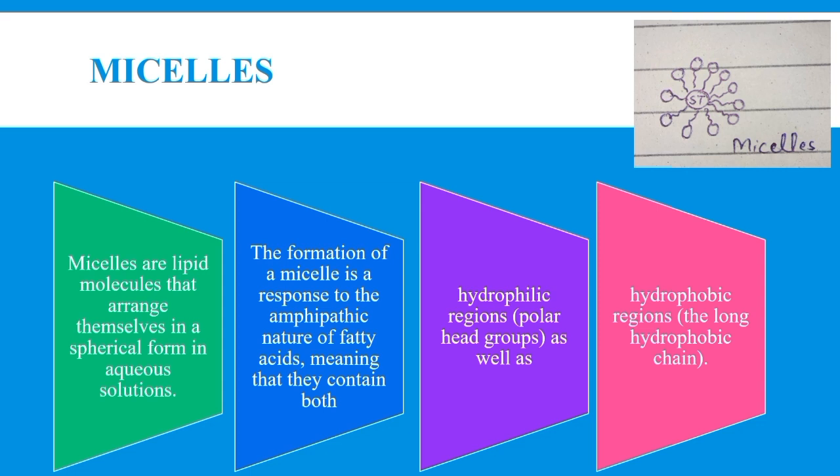And when this polar head interacts with the water, when we wash the clothes or drain out the detergent, the polar head forms bonds with the water molecules, and that's why stains are moved out of the whole structure.